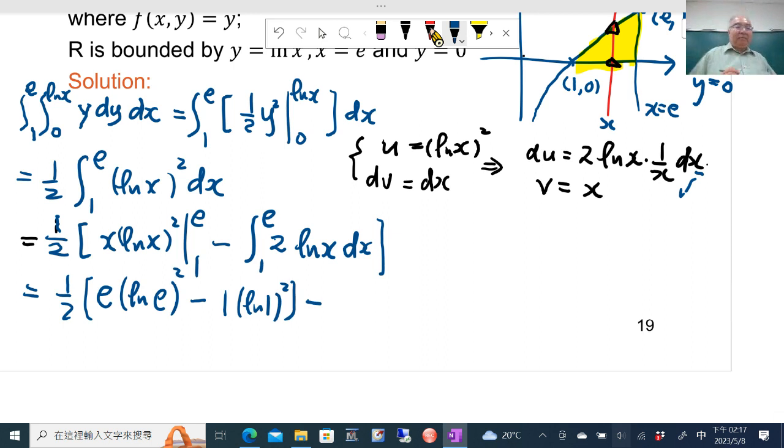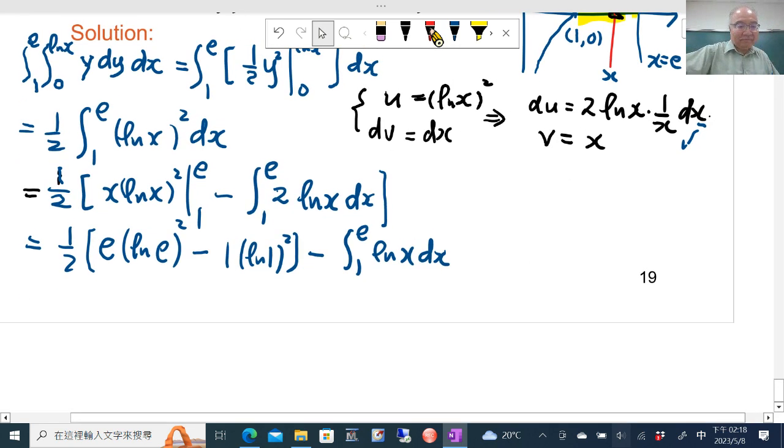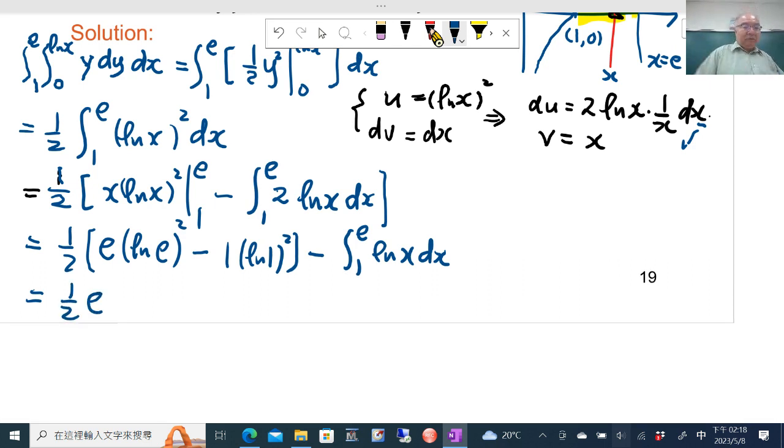And minus, since I have a 1/2 and I also have a 2, the coefficient becomes 1, and the integration will be from 1 to e of ln x dx. So it's quite obvious the first term is 1/2 of e. And the second term, now we are going to do integration of this part.